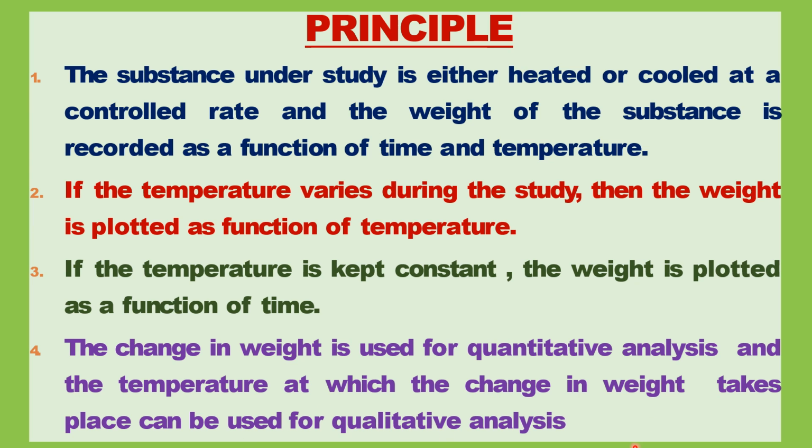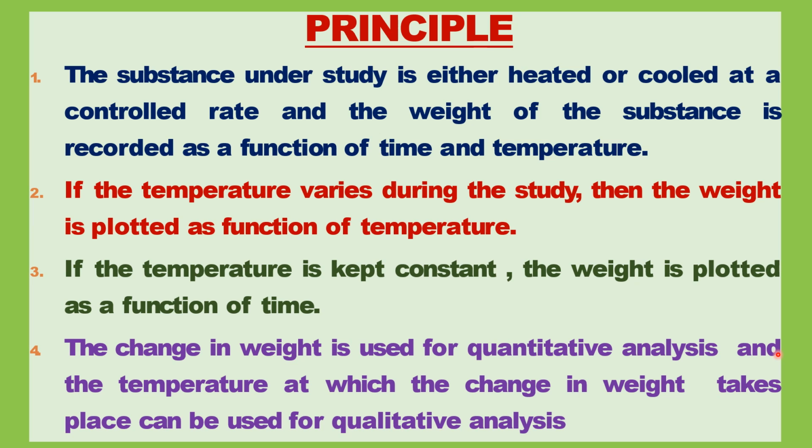So, what is the drying temperature? It can be obtained from TGA for quantitative analysis, because for a particular temperature, for example, with nickel dimethylglyoxime in gravimetric analysis, up to 120 or 130 degrees there will not be any change.